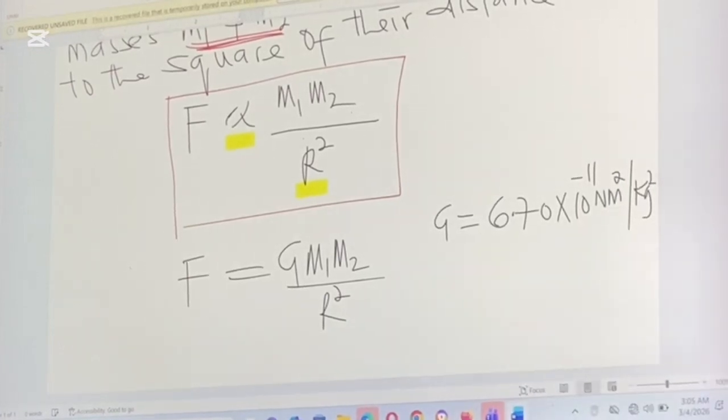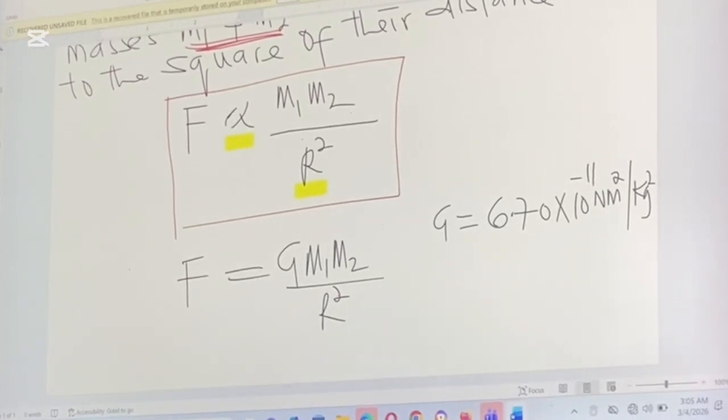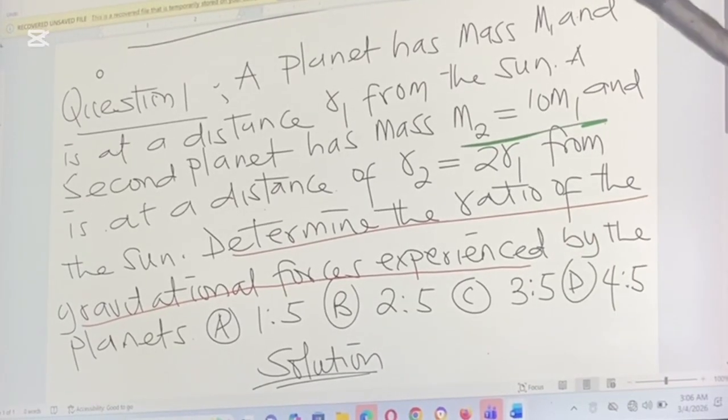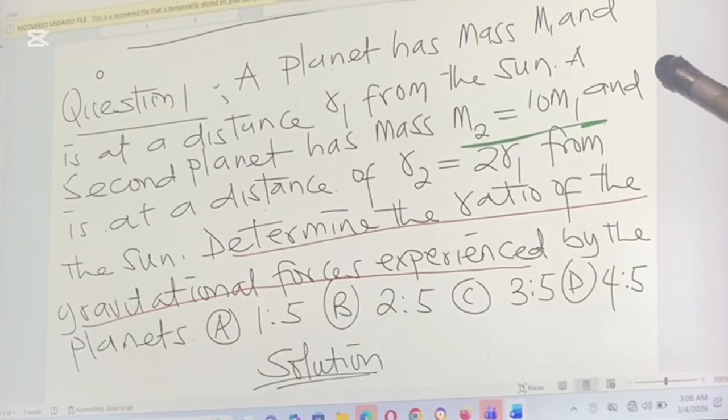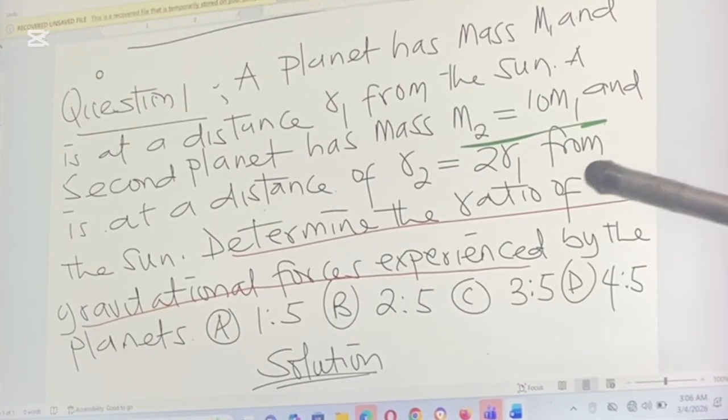Please take note. So class, let's solve this question given to us here. For us to solve the question here, we have to know what we are asked to calculate. Please take note. We are asked to determine the ratio of the gravitational forces, that is the two forces, F1 and F2.